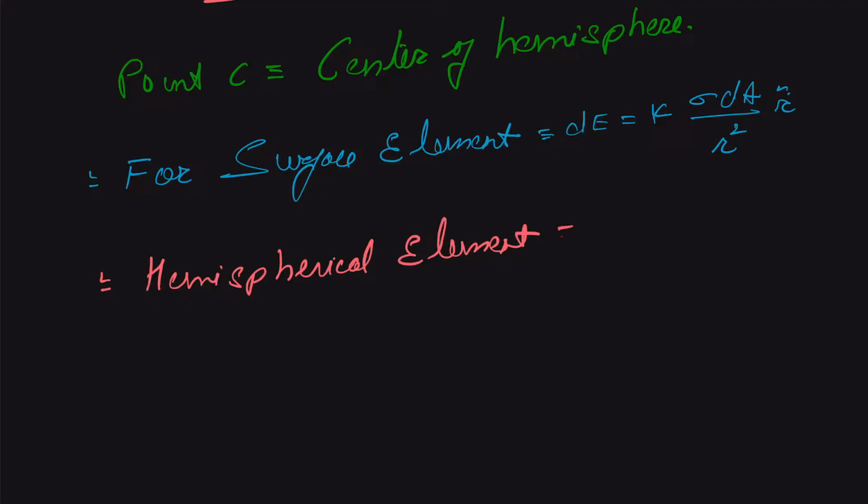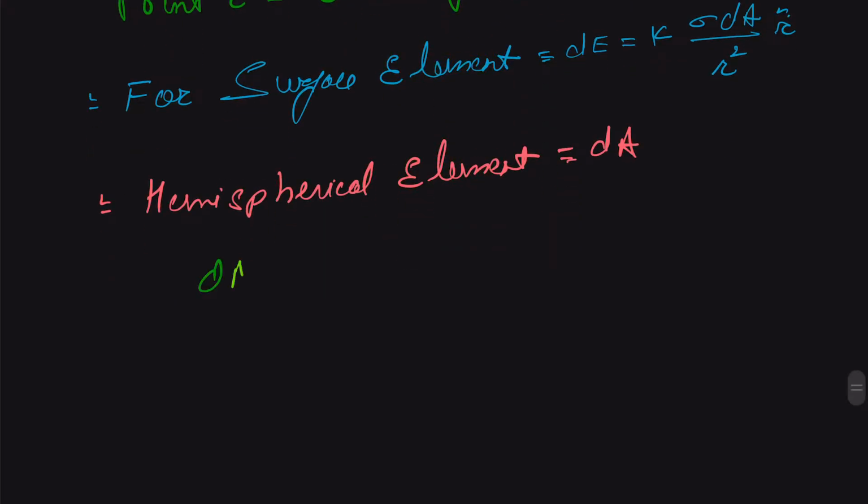That element will be over, in this case, our dA, and this dA will be equal to b square sine of theta d theta d phi. Because there will be two angles, one will be our longitudinal and the other one will be our azimuthal angle.